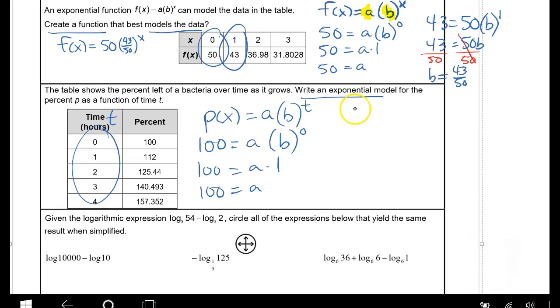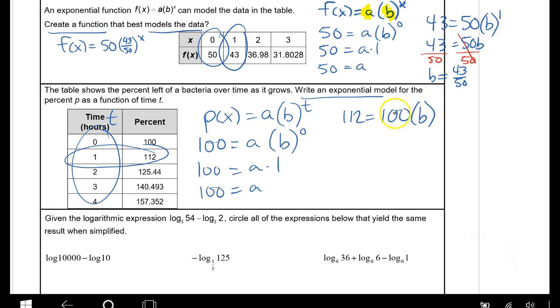Okay, now we need to find our b. So I know that the second data point, 1 and 112, that at t equal to 1, our function is equal to 112. So let's plug in 112. Oops, sorry. And we know that our a is 100. And we still haven't found b.